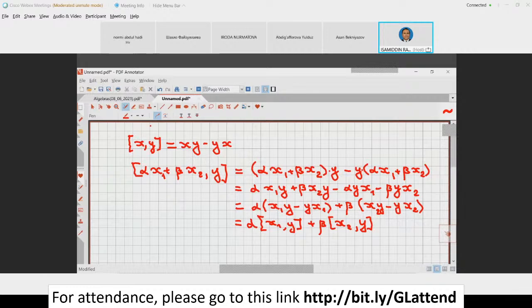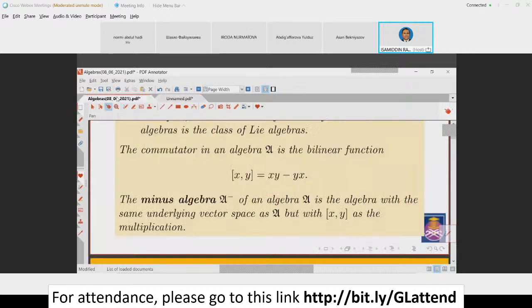The same can be done with respect to the second in a similar way. So that's why this is a bilinear function, a bilinear operation.